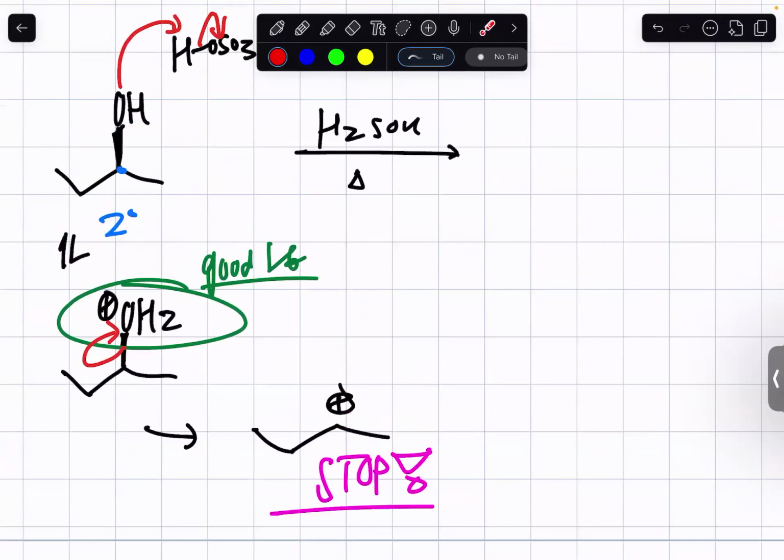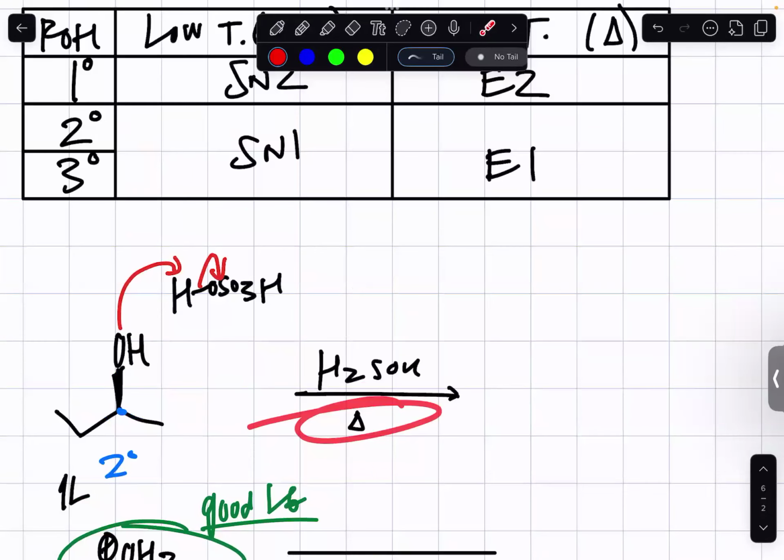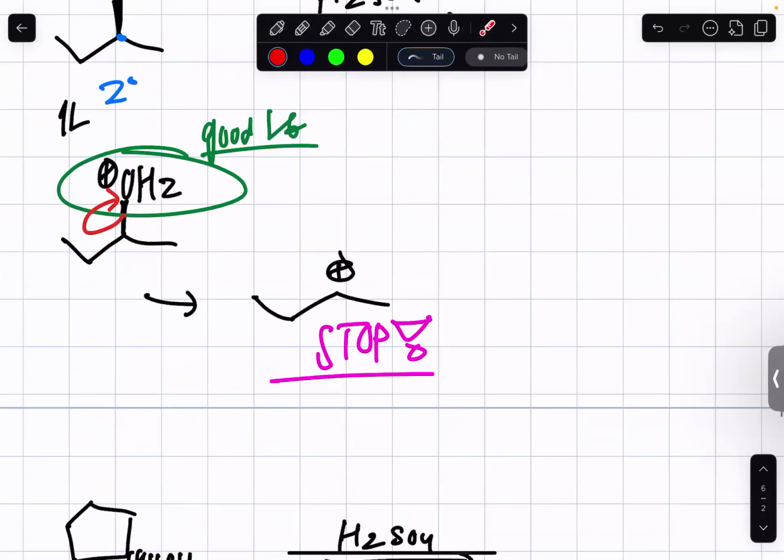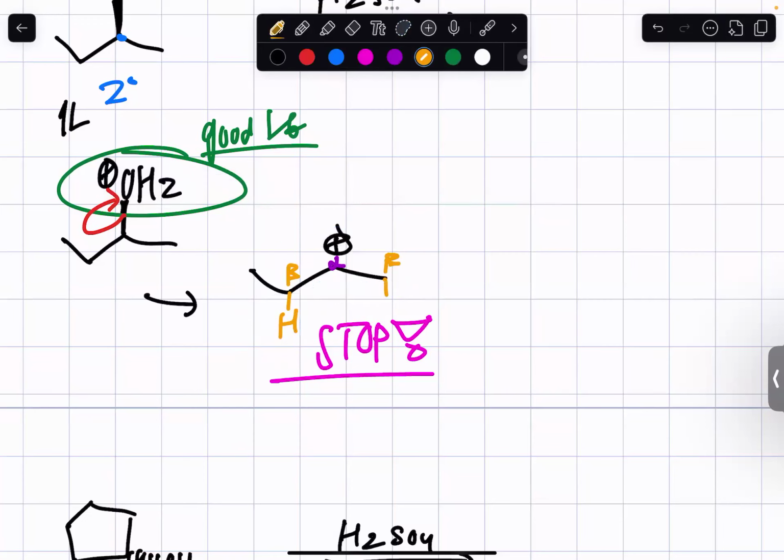Okay. Now, because we have heat, we won't do substitution. We're going to favor elimination here. This is going to be the alpha carbon, the carbon that is directly attached to the carbocation. These are going to be the beta carbons. I'm going to draw out one beta proton for each beta carbon, one there, and another one here.